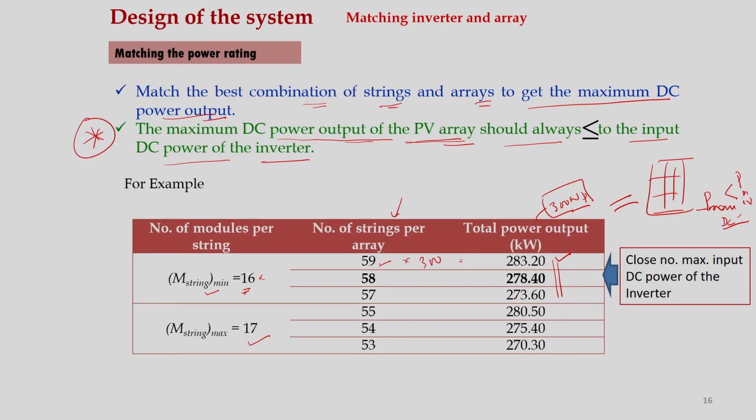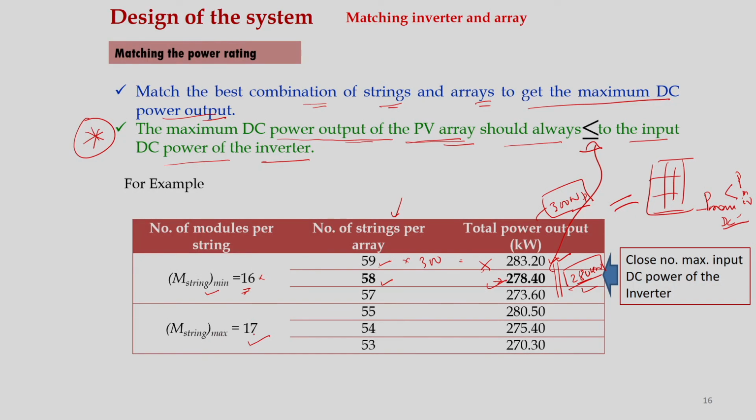As we already know, the input power of the inverter is 280 kilowatt, so it should not be more than that. It is more than that, so it is not feasible. If we take 58 strings per array, it will be 270, which is a feasible case because it is less than 280, as discussed in the second bulleted point.